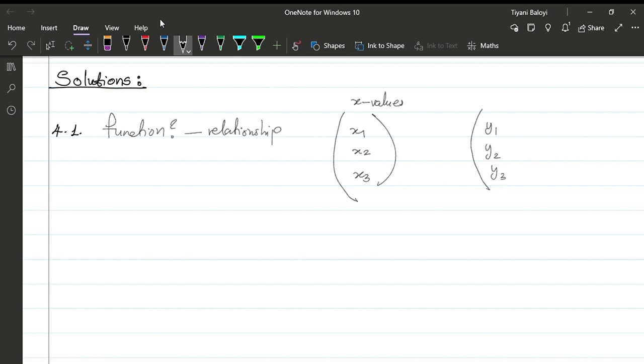Actually, you call them vectors in some cases, or just a vector. So you have your y values this side, right? So we know our functions, mostly we use these x values as our inputs. So these are our inputs and these are our outputs, right?